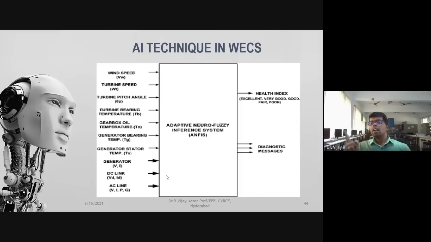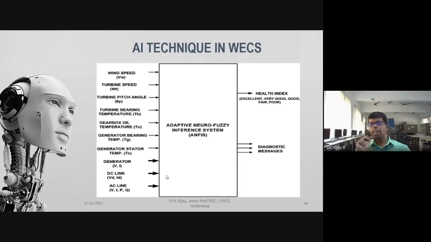So whether the wind energy conversion system is excellent, or good, or very good, or fair or poor. So I'm getting a diagnostic message also. If your generator temperature is high, better to turn off that particular wind turbine. At your particular location, the wind speed is very, very low.